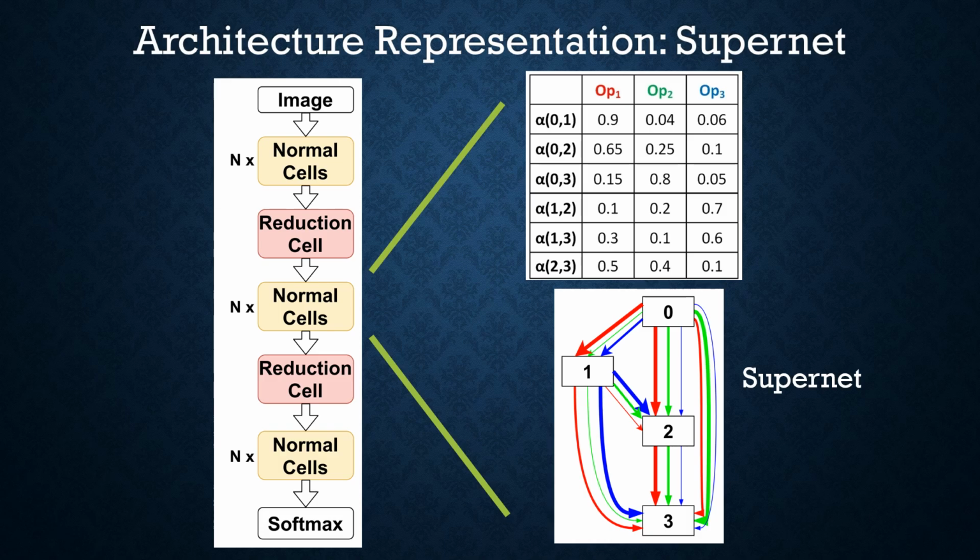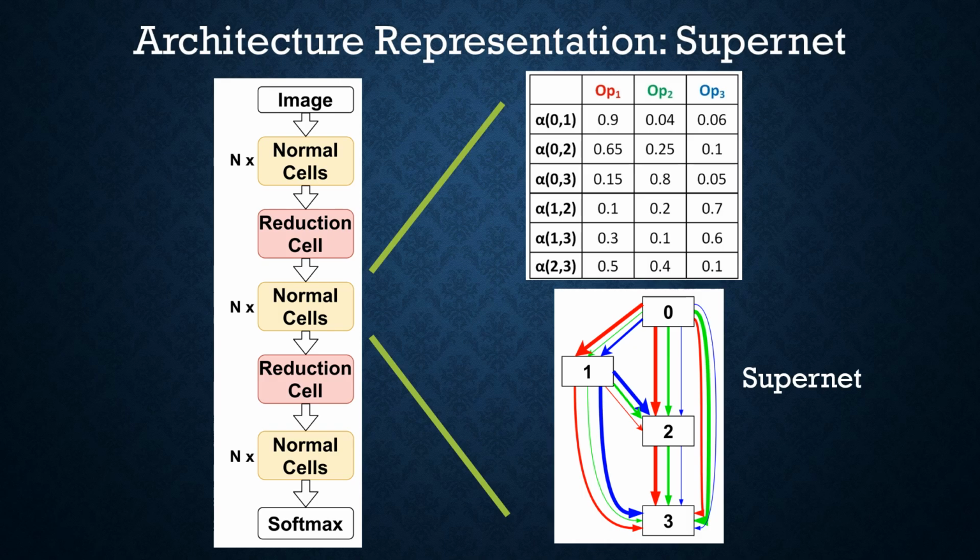To represent an architecture in the search space, we use the supernet. The supernet is basically a supergraph that contains all the architectures in the search space as a subgraph. The reason we chose the supernet for our problem is because it solves the bottleneck part: all the architectures in the search space share the parameters, so we don't have to train each architecture separately from scratch.